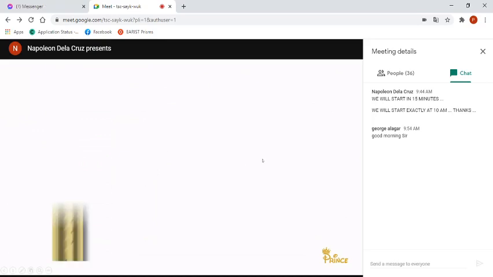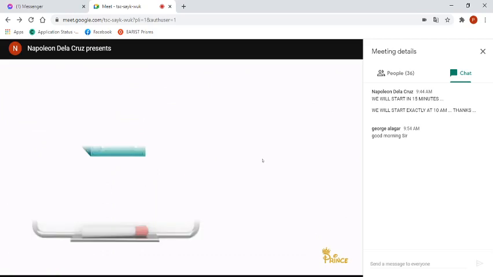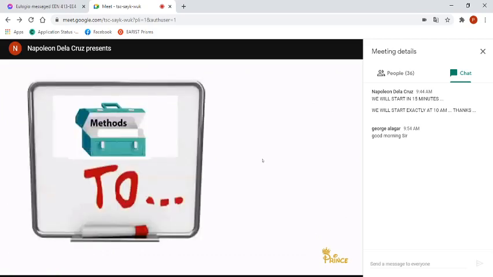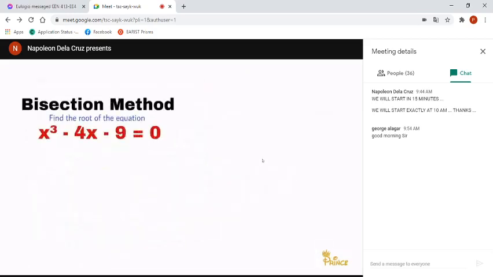Anyway, so again, this is under algebraic and transcendental equations. Okay? I hope everybody is still around. Methods to solve algebraic and transcendental equation. We have the bisection method, the false position, which we have discussed earlier.